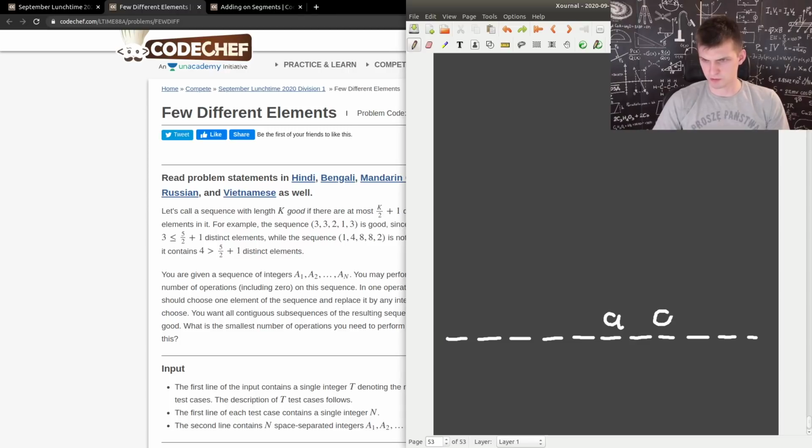Now what about this? Or just generally some two equal numbers? Because it seems to me that if everything is different, A, B, C, D, I will change this to A, and so on, every second number.